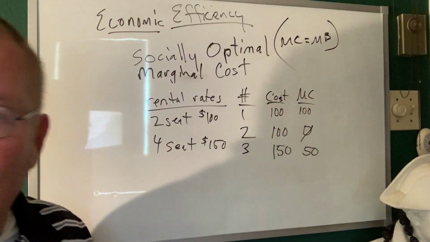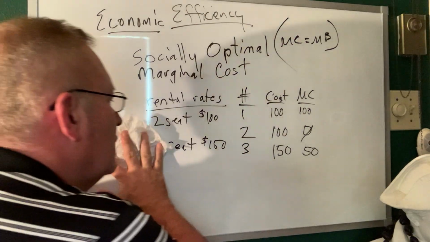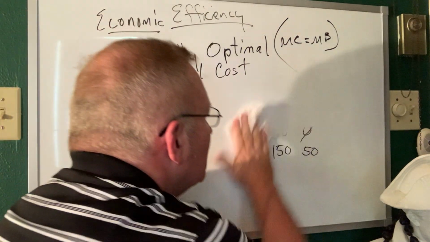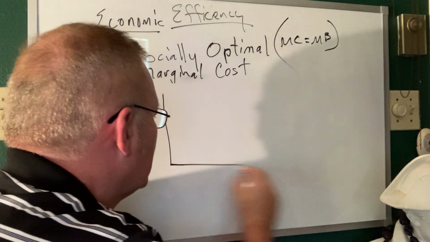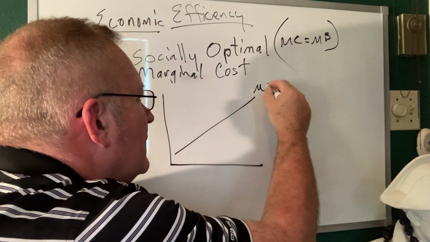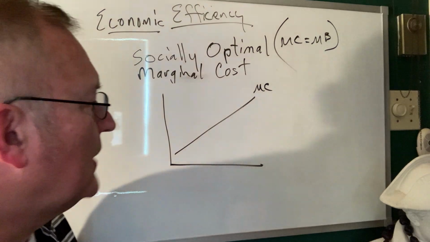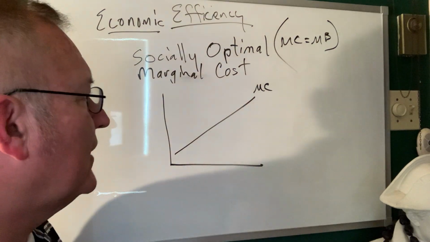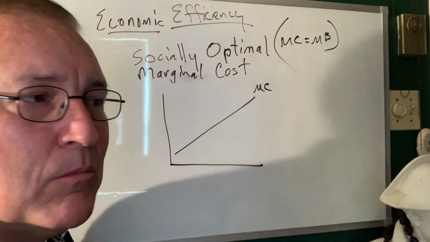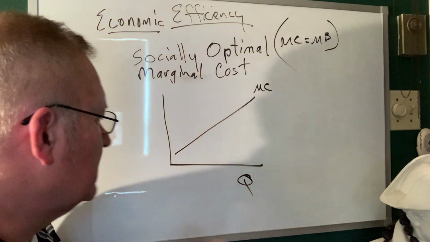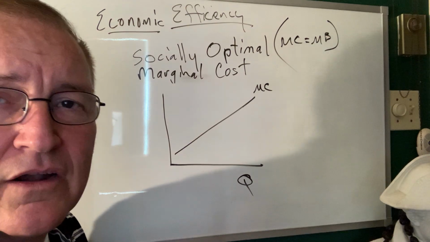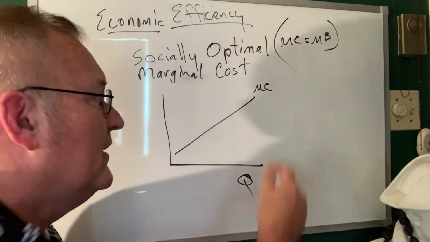Now, if I plot marginal cost out, I'll just cut to the chase. It looks like this. And I already erased the data, but if you look at the data, marginal cost increases as the quantity also increases, okay? Now, what does that look like?